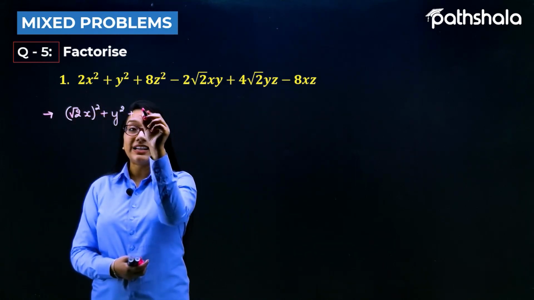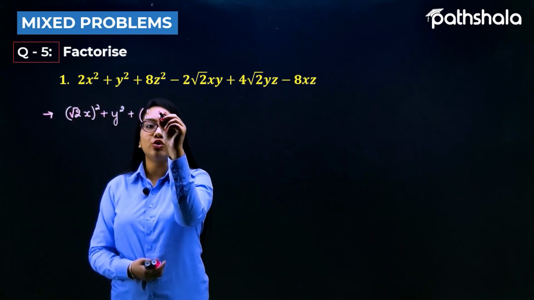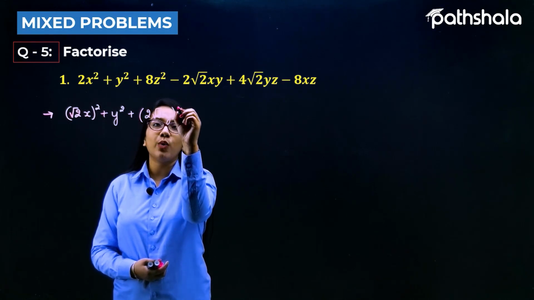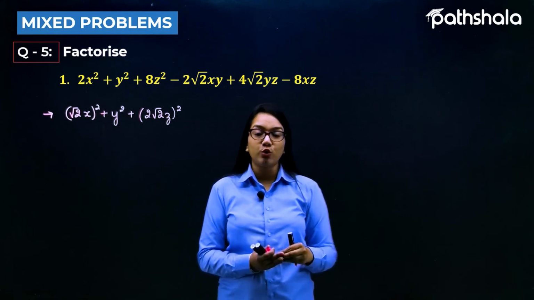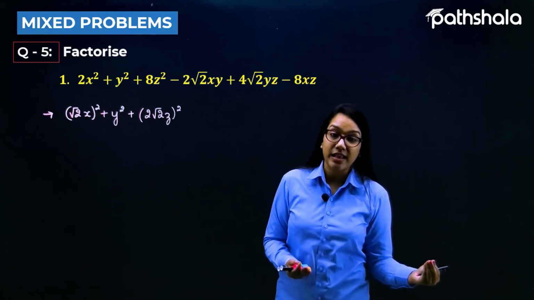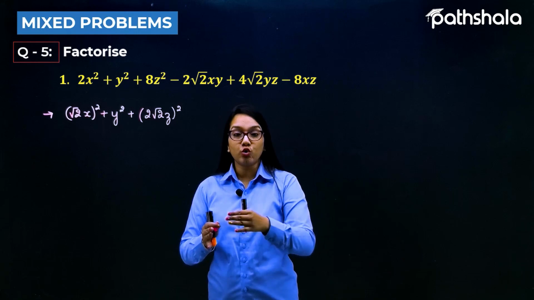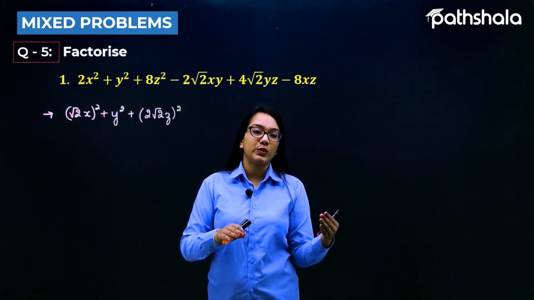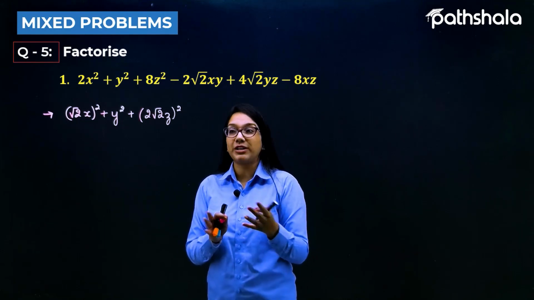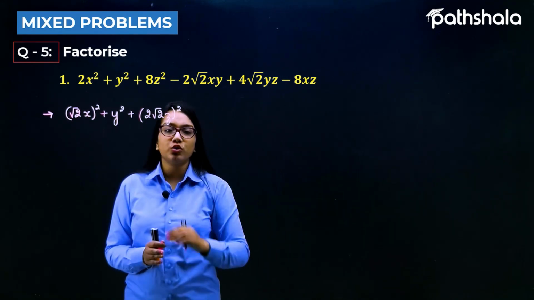We can write 8z² as (2√2z)², because 2√2 into 2√2 is 2 into 2, which is 4, and √2 into √2, which is 2, so 4 into 2 is nothing but 8 again. So this is (2√2z)².